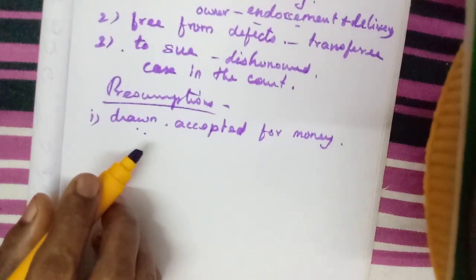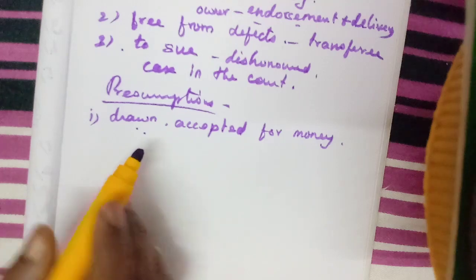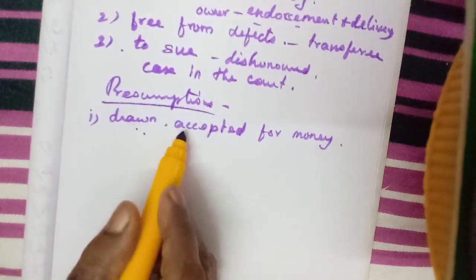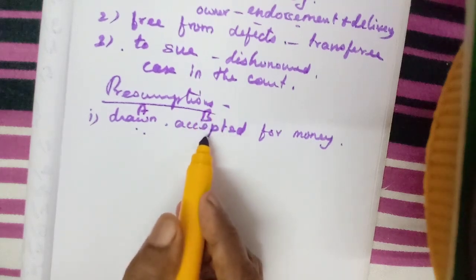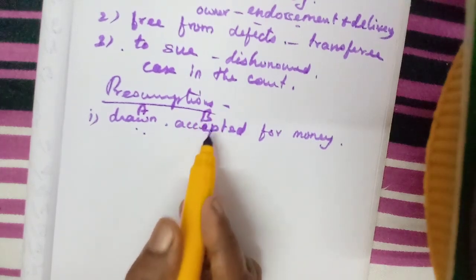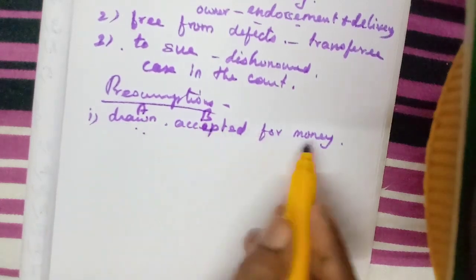For 10,000 or 15,000, it should be paid by B. A is drawing and B is accepting. What is the meaning? Yes, I have to pay that rupees 10,000 to A. Okay, that is for money.